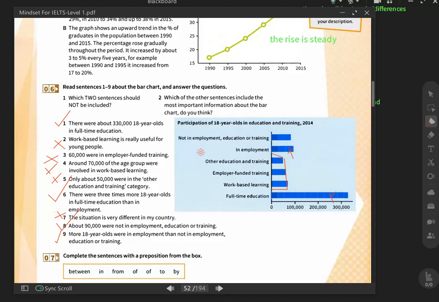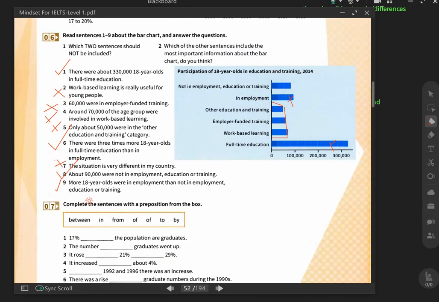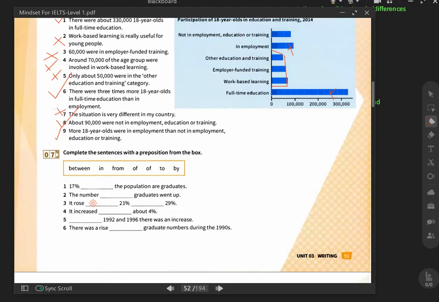I just say that they were more in employment than in education or, for example, training or learning. Okay, they are important and not important.